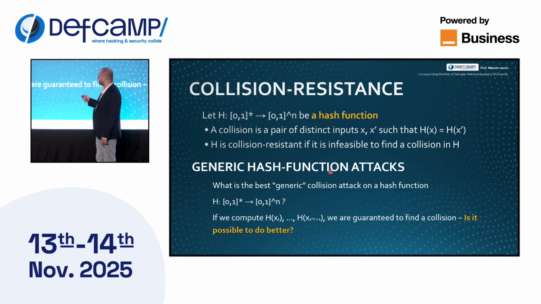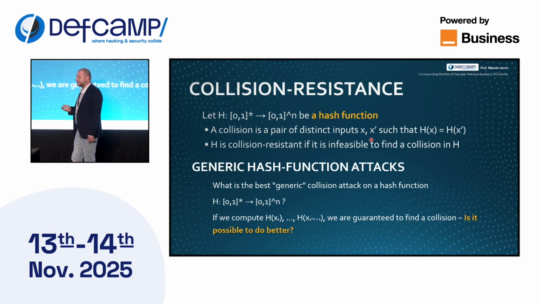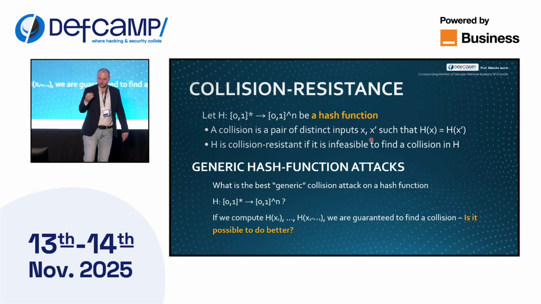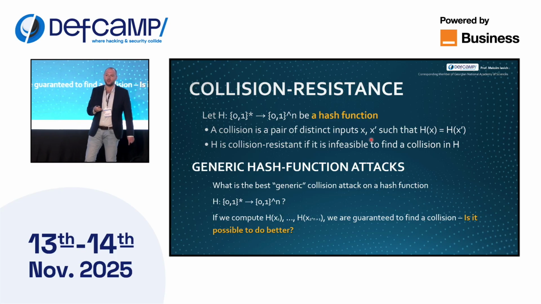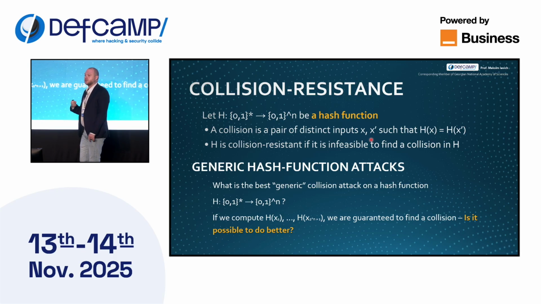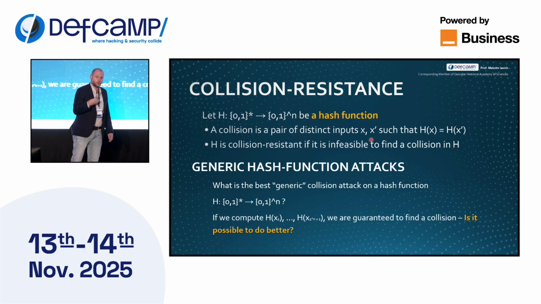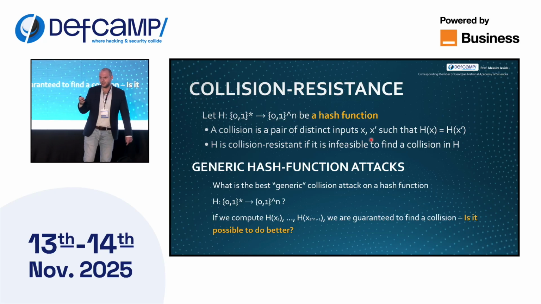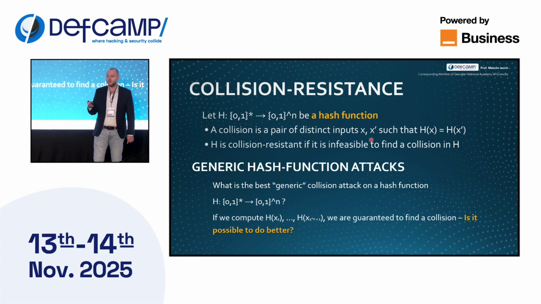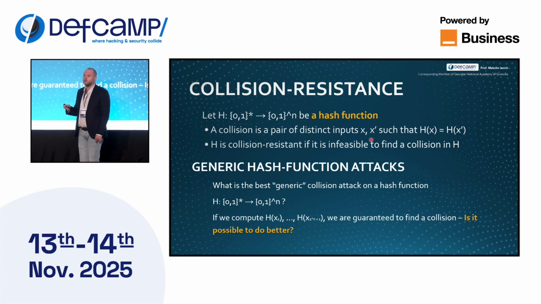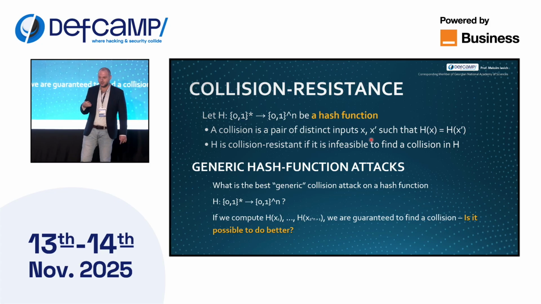For example, if we have two inputs, x and x', we should not find different inputs which output the same value. So we couldn't find different inputs where, when we hash them, the hashes are the same. If we find such inputs, it means that we broke the hash function, so we found a collision in the hash function.